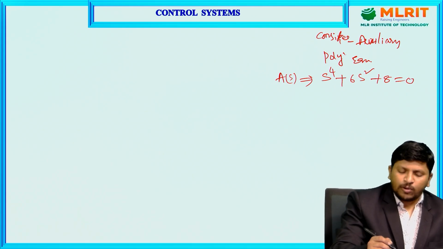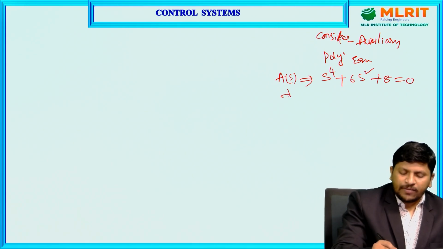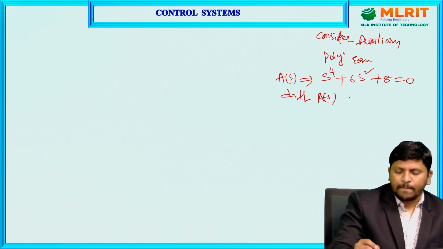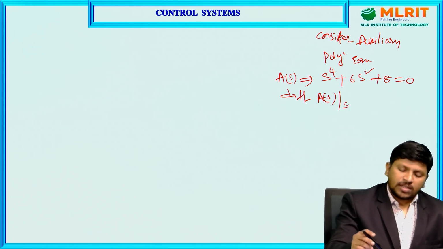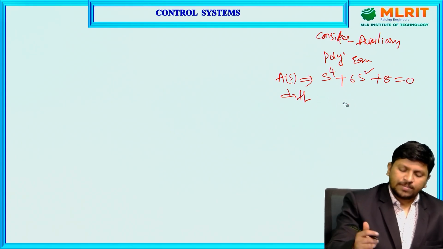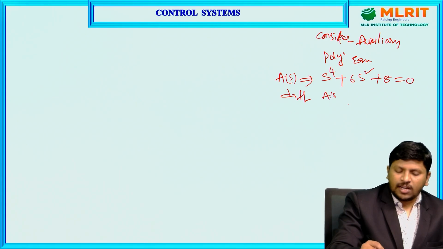So I am going to differentiate the auxiliary polynomial equation A of S with respect to S.